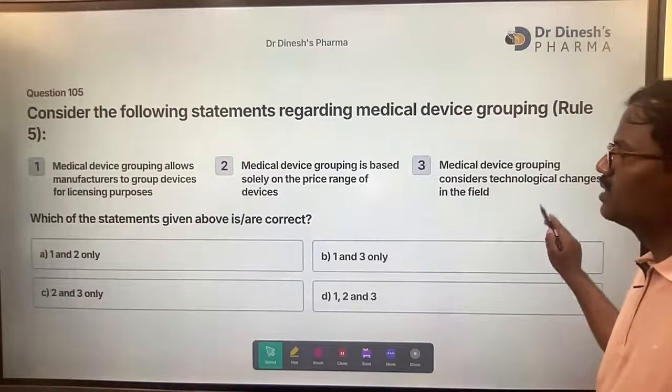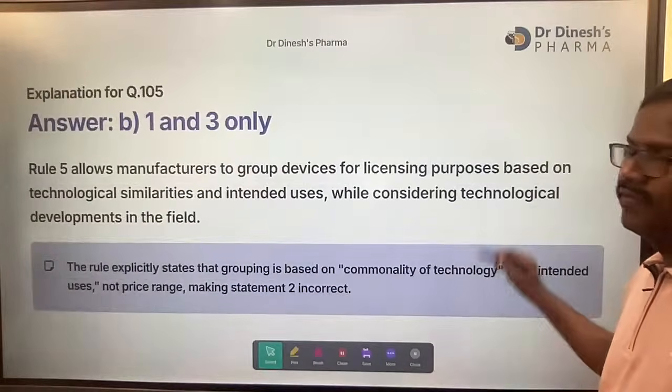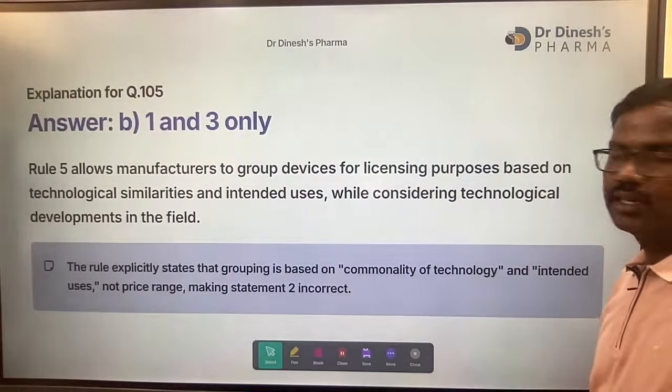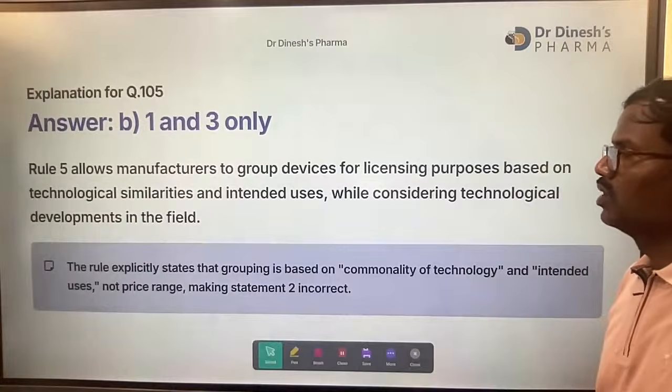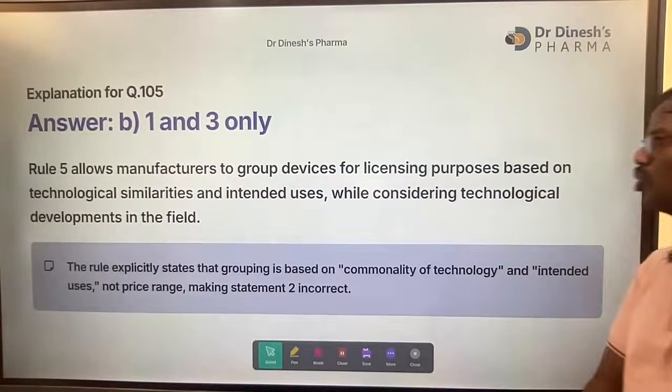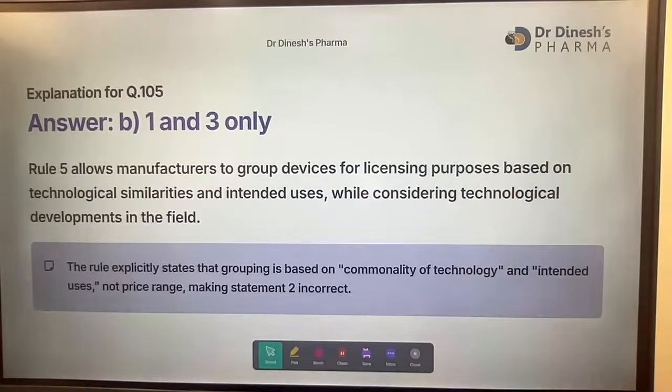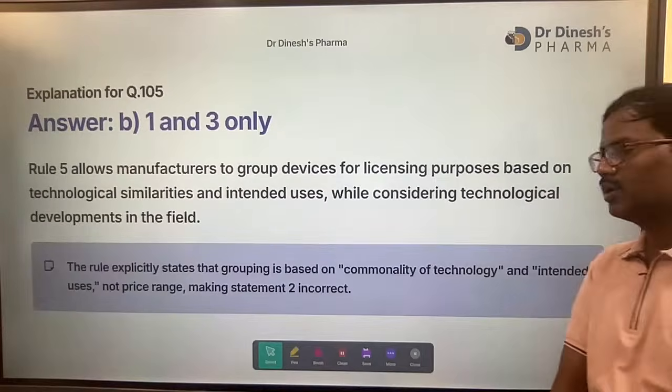So 1 and 3 is the correct answer because we will not consider the price in grouping of medical devices. Rule 5 allows manufacturers to group devices for licensing purpose based upon the technological similarities and intended use while considering technological development in the field, right? And this rule explicitly states that grouping is based upon commonality of technology and intended use, not price range, making statement 2 incorrect.